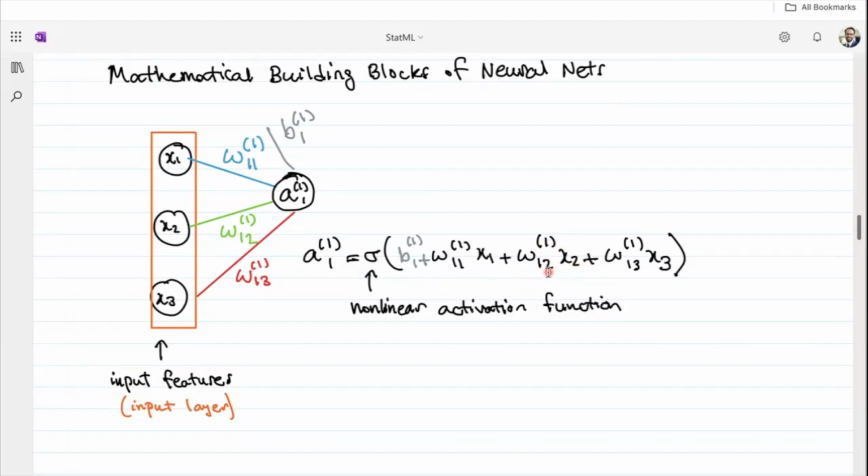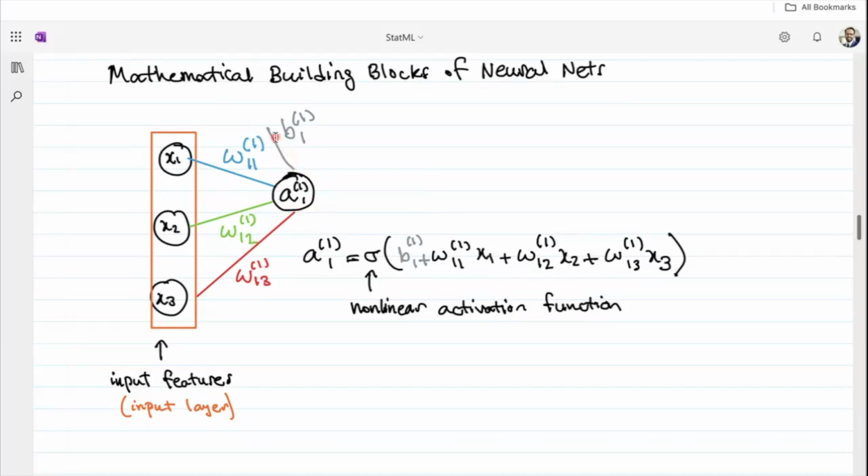Very similar to linear regression, you can also include a bias term or intercept. Here we also need to do the right indexing. We use 1 as the superscript to say that this belongs to layer 1, and the subscript shows that it goes to neuron 1 in this layer.